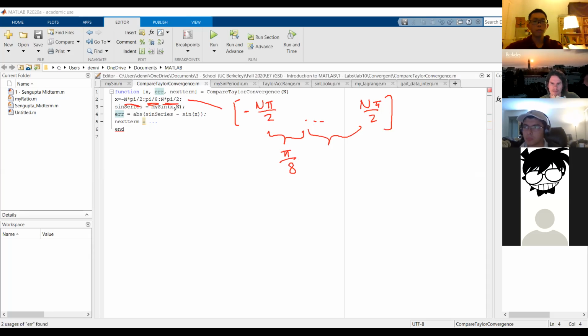Then your sine series, you calculate an approximation of sine using your mySine function. That's this one over here. And then the error is how different your results are versus the actual results. That's the error. And the next term that you're going to want to compare, I'll leave that to you to check.